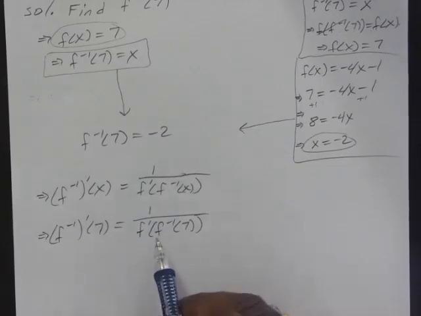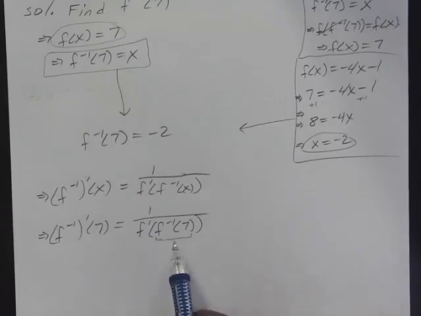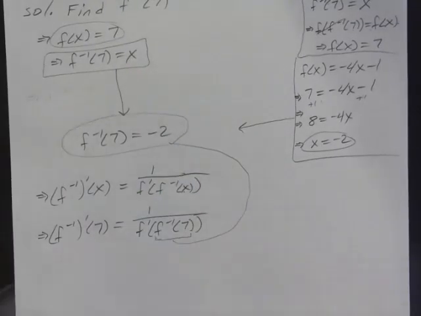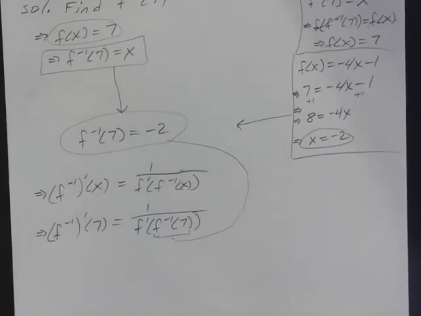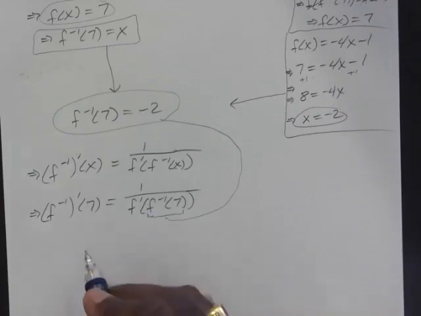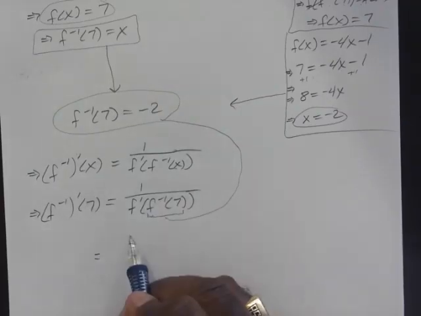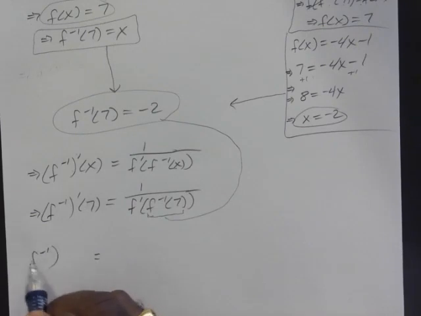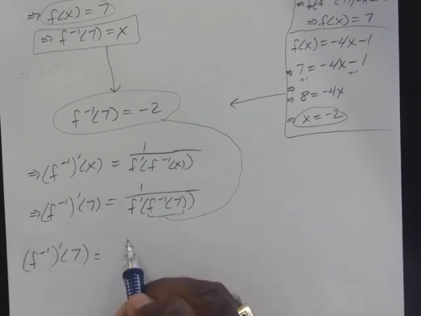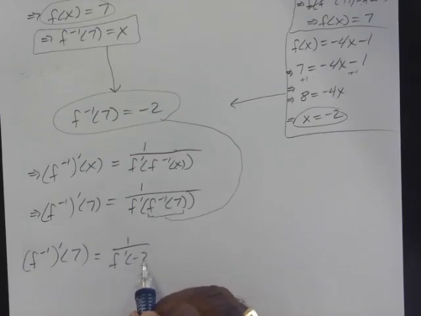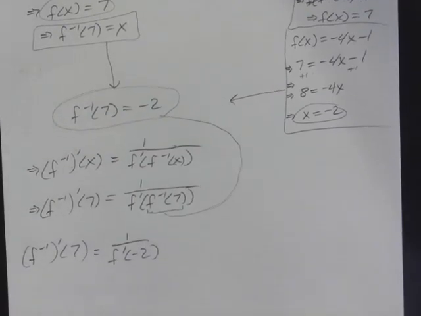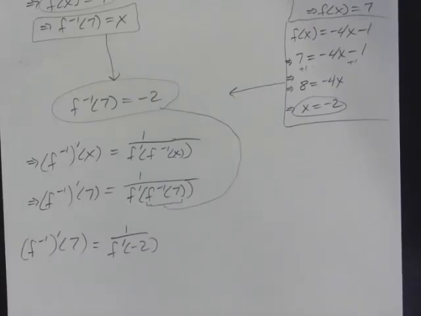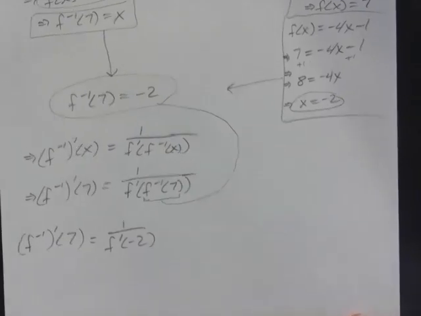Well, luckily for us, we know the value of f inverse of 7, which is negative 2. So we know that this is going to equal 1 over f prime of negative 2. Okay, well, we have to find f prime of negative 2 now.